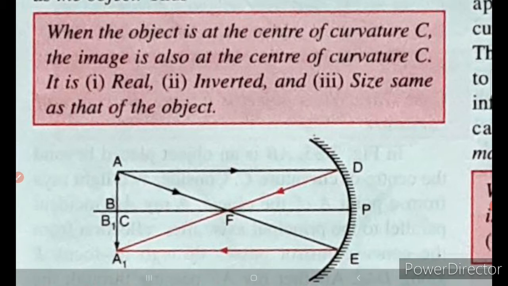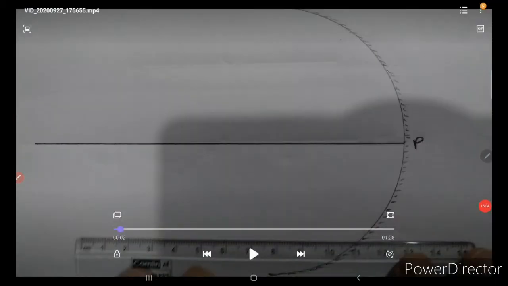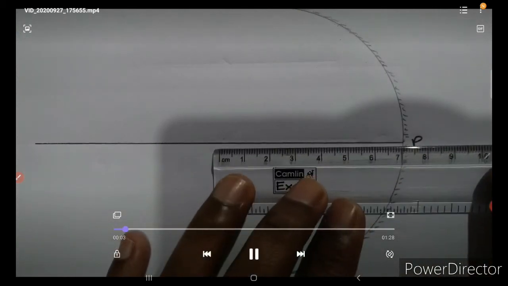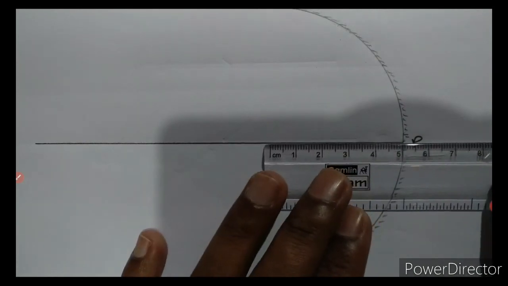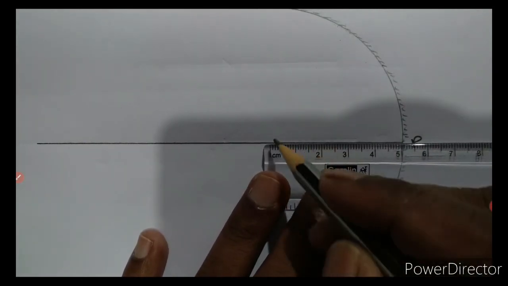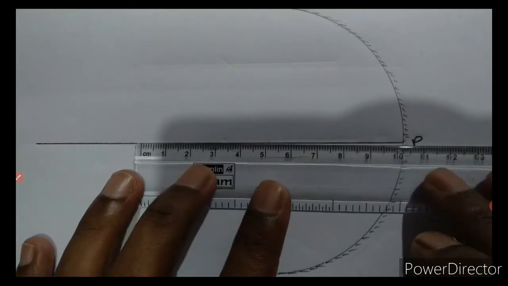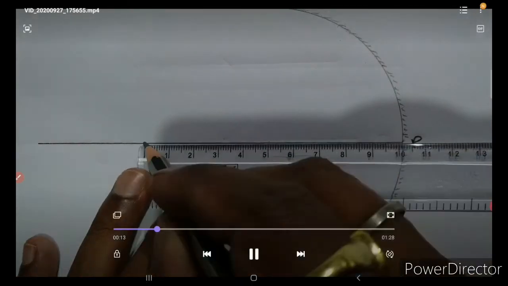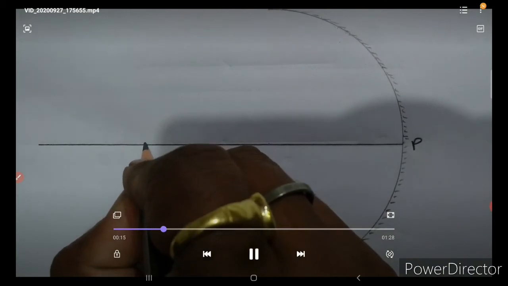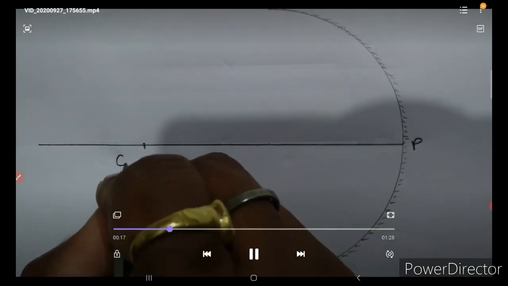Now let us try to understand how to draw this particular figure. Here my structure is ready. I am marking the focus at 5 centimeter from the pole and the center of curvature again at 5 centimeter from the focus. So here shall be my center of curvature.